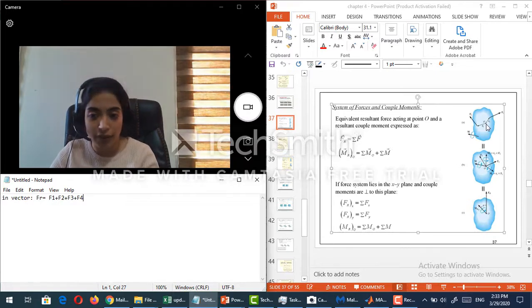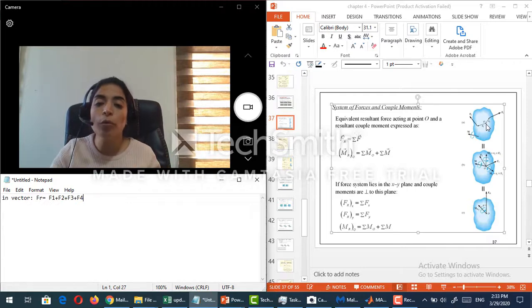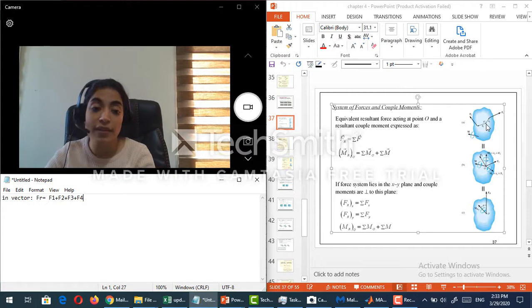And this is not our case. The moment here is not equal to 0, which means I have to put this F resultant on O accompanied by a moment resultant that is equal to the moment of all these forces plus what? Plus this external moment, if any.